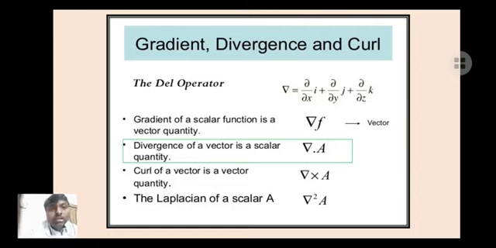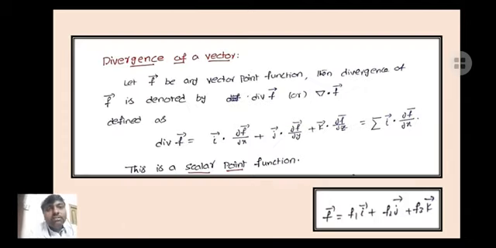So today I give the definition of divergence of a vector point function. The divergence of a vector point function must be a scalar quantity. So I go through the definition.